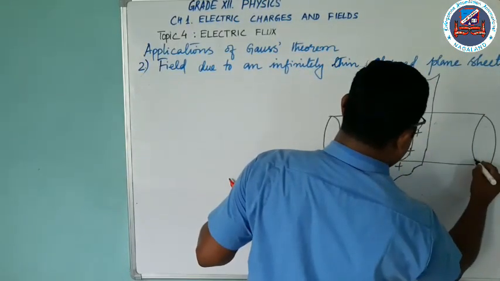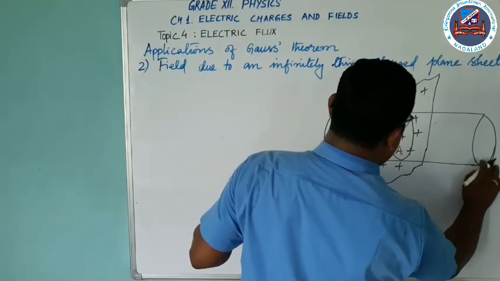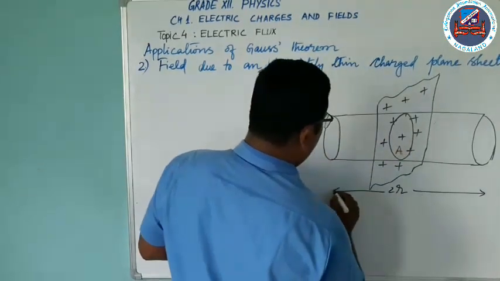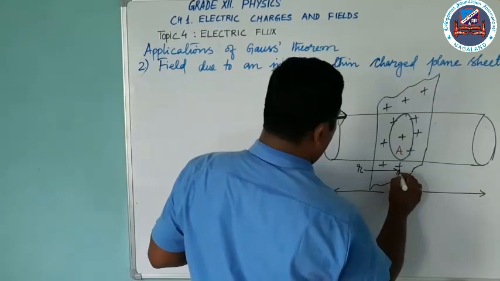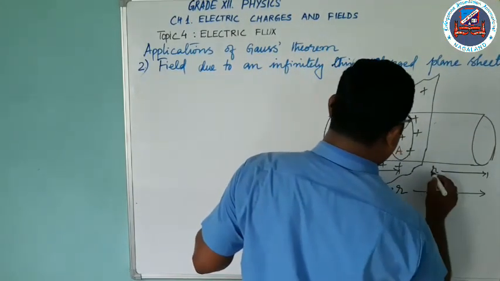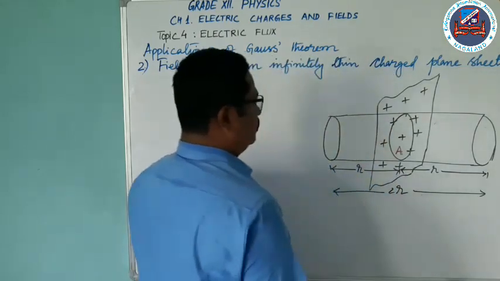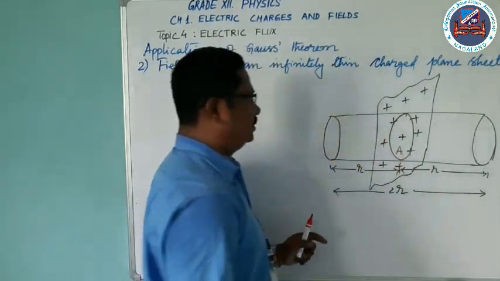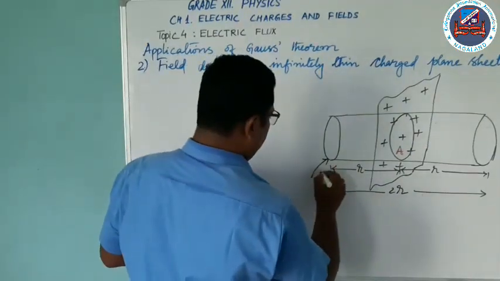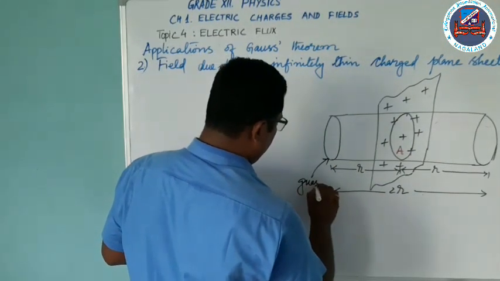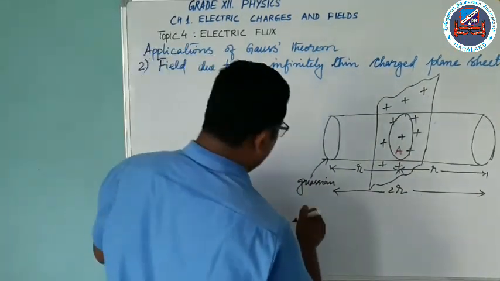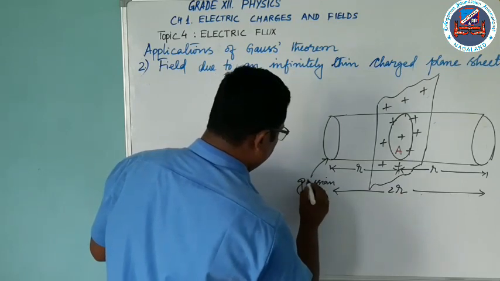Let us take the length of the cylinder as 2r, so that here it will be r, here also it will be r. This is divided into two parts. We are taking an equal distance because the Gaussian surface must be symmetric. This is your Gaussian surface.